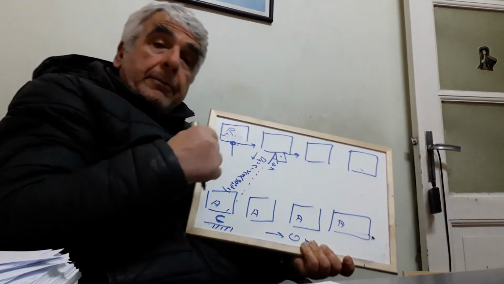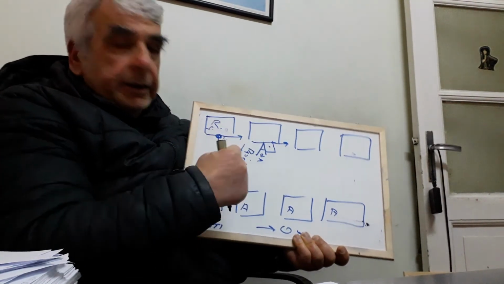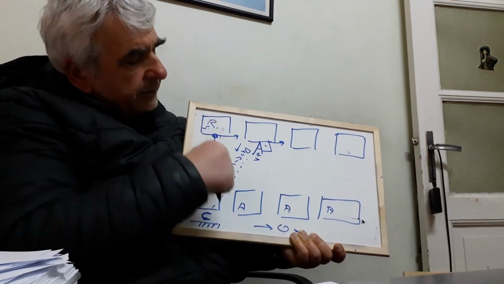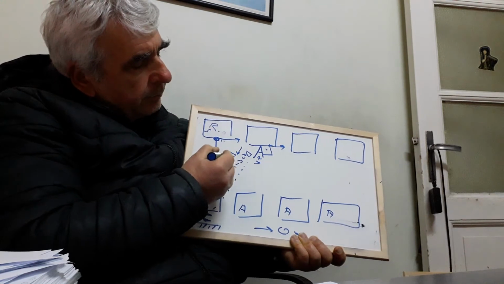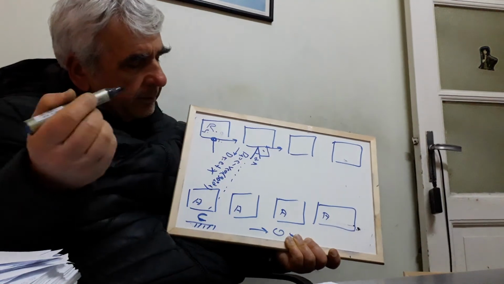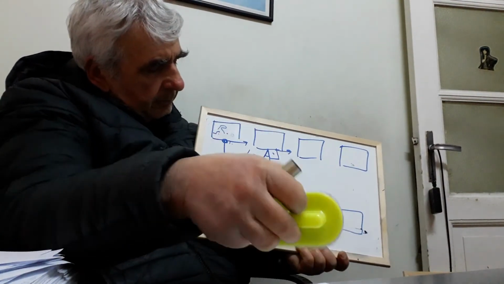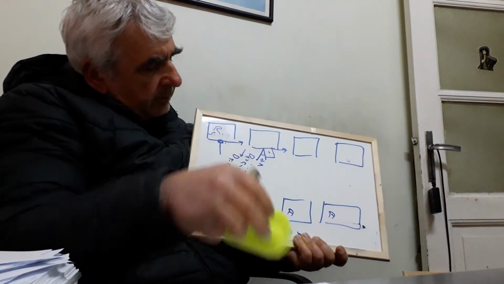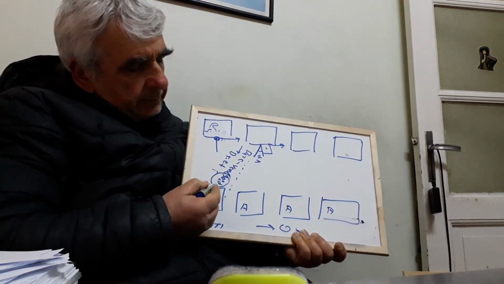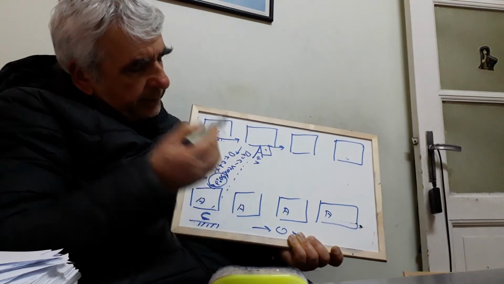If the angle is greater than 90 degree, D is always greater than C, because D1 will be C plus something, X, because of 90 degree plus alpha.